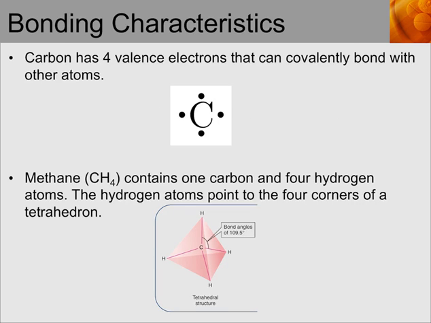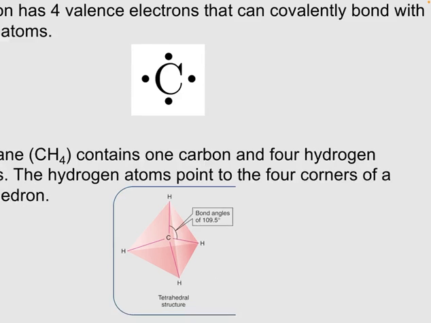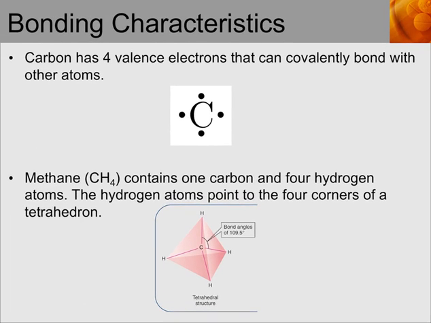All right, so carbon again has four valence electrons, and each of these electrons can covalently bond with other atoms. And remember, covalent bonds are bonds where electrons are shared. So for example, we can draw the Lewis dot symbol for carbon, and we would put one dot on each side of the symbol for carbon.